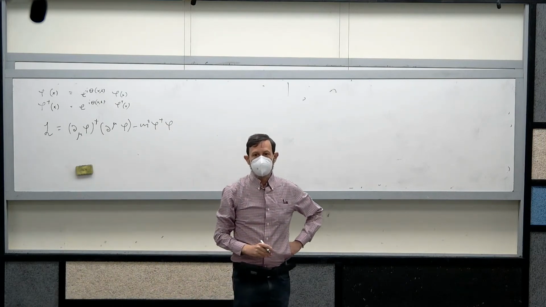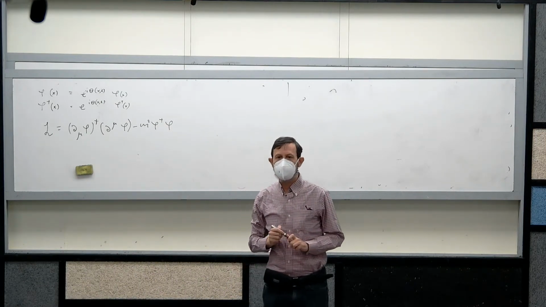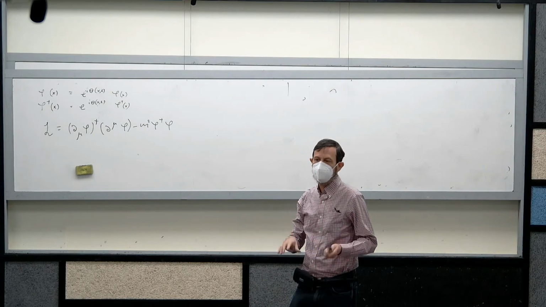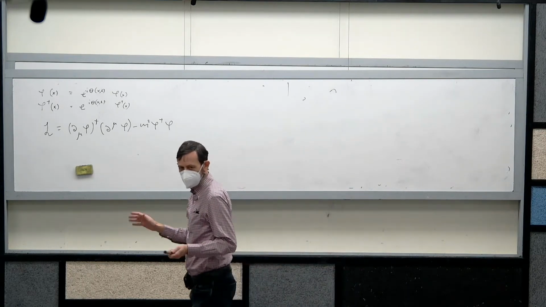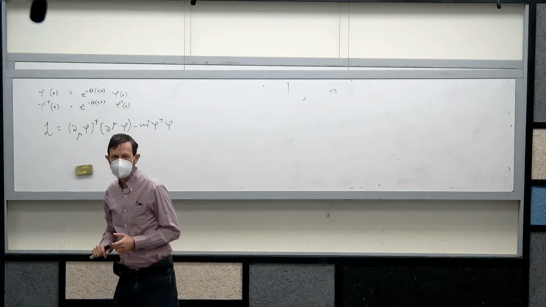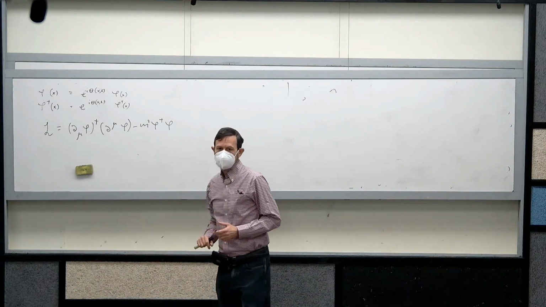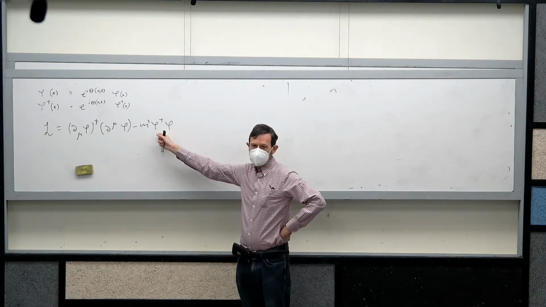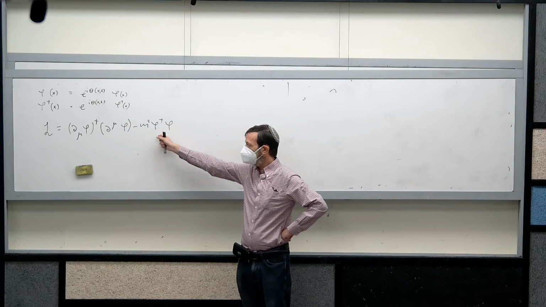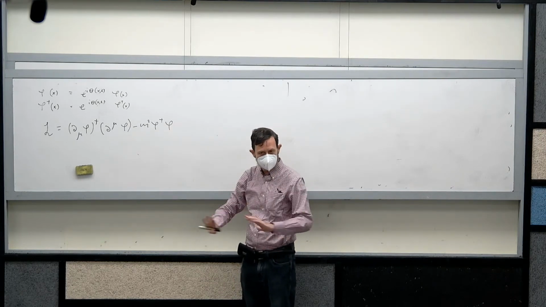It's not global. I want to change the phase in a different way at each given point of time and space. Okay, check me at home, but if I'll stick it into this Lagrangian, of course, it's not symmetric.